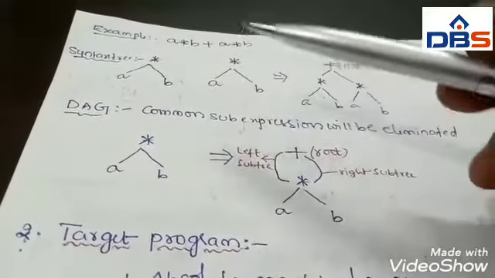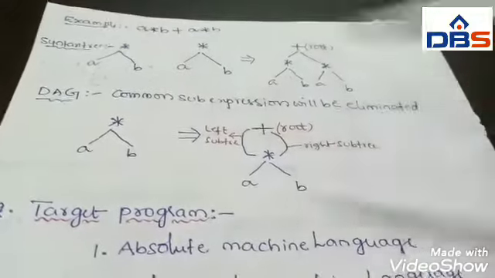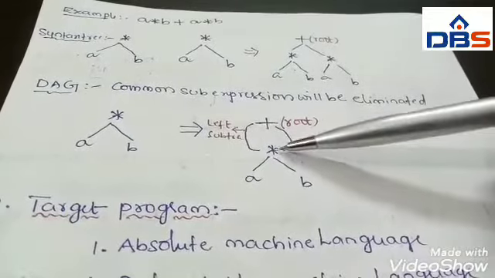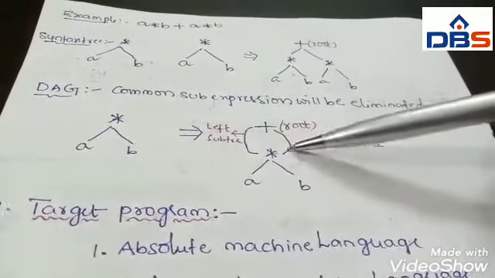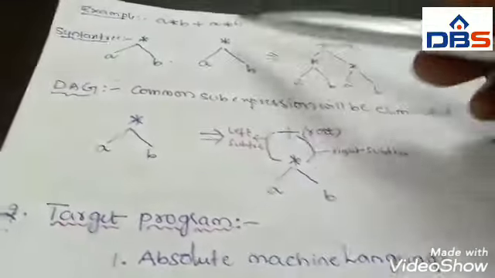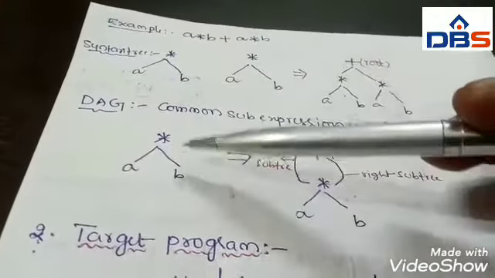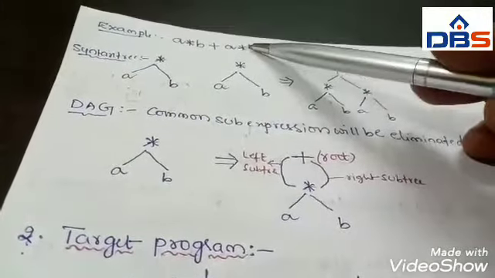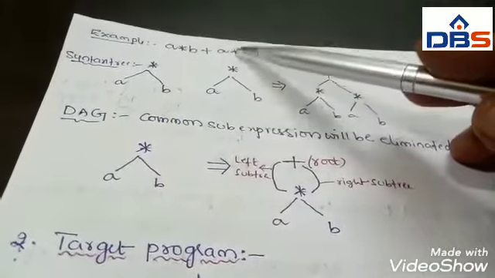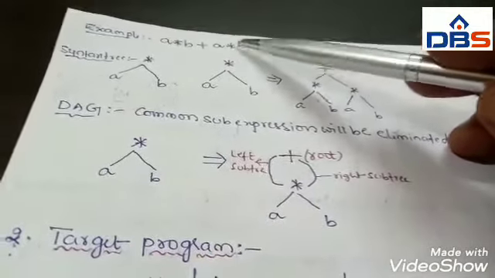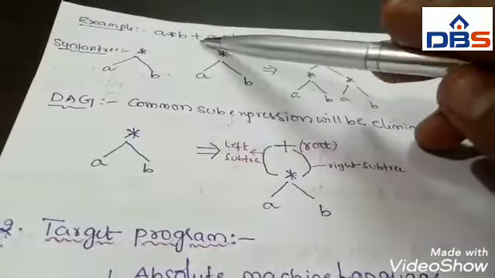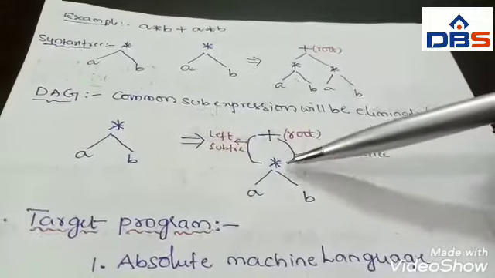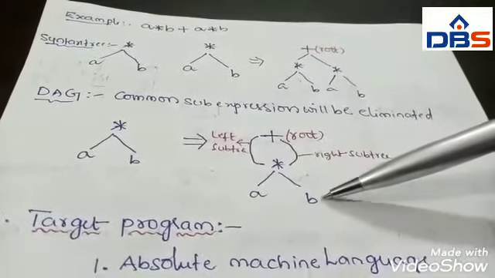Now we have to execute this plus operation. So plus will become the root, then star will be the left subtree, and the same star will be the right subtree. For A star B we have constructed star with A left and B right. For this second A star B there is no need to construct, because it is a common subexpression. So finally plus becomes the root node, with the star as both left and right child.